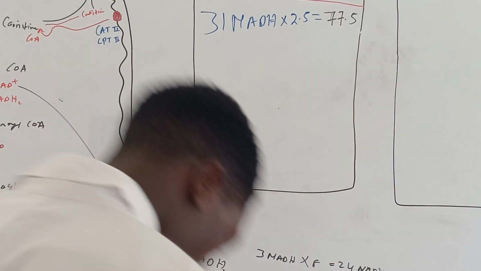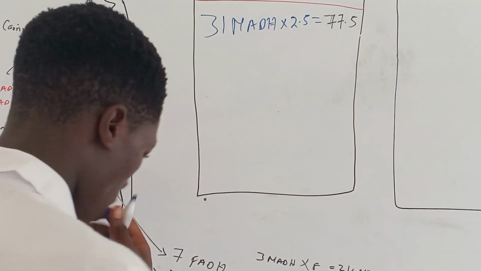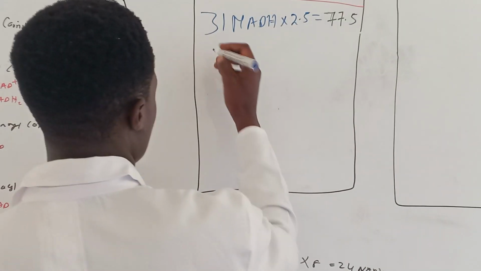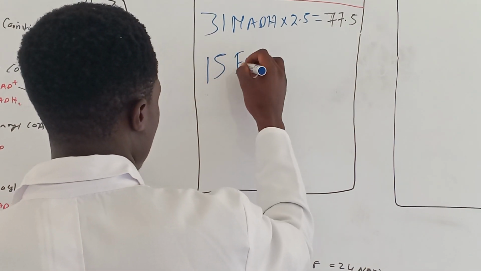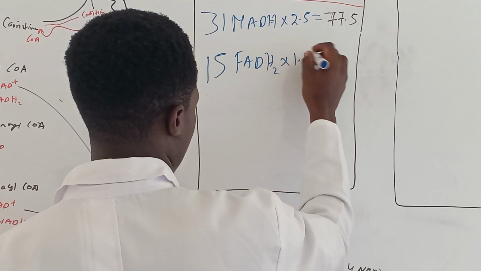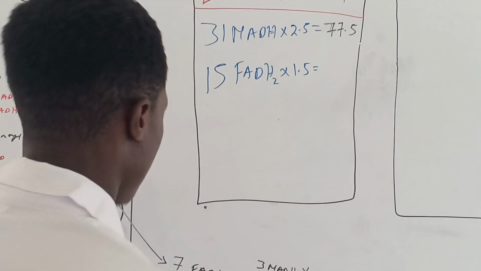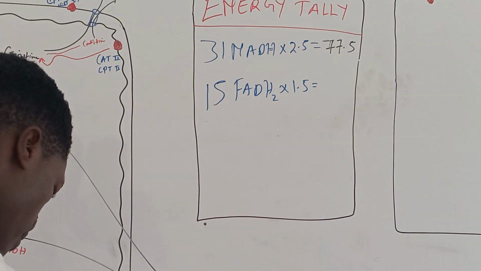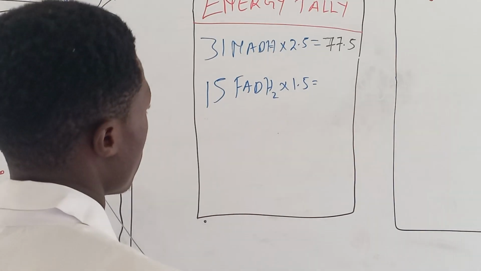Alright. Then, how many FADH2 do we have? We have 15 FADH2. I want to multiply by 1.5. Then, what are you going to get? 15 by 1.5, that's going to be 22.5.